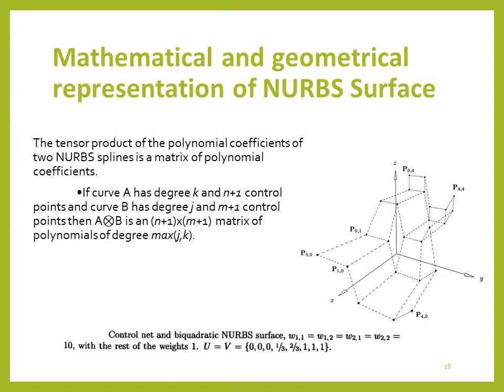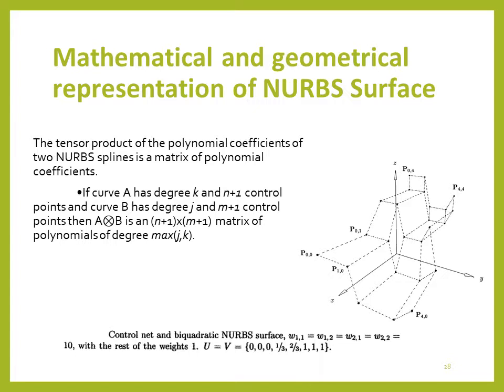And now coming on to this control net. So now what I'm doing is I'm changing the weight 1 1, weight 1 2, weight 2 1, and weight 2 2 equal to 10, and the rest of the weights in this control net are set to 1. Yeah, and my vectors u and v are equal to 0, 0, 0, 1/3, 2/3, 1, 1, 1.